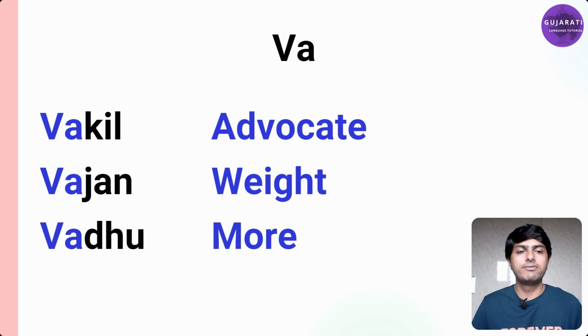Here we have three words with VA. The very first is Vakil, which means advocate. Then Vajan means weight. Then Vadhu means more. I am repeating. Advocate means Vakil, weight means Vajan, and more means Vadhu.